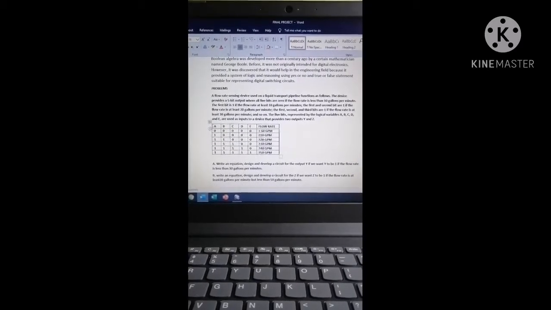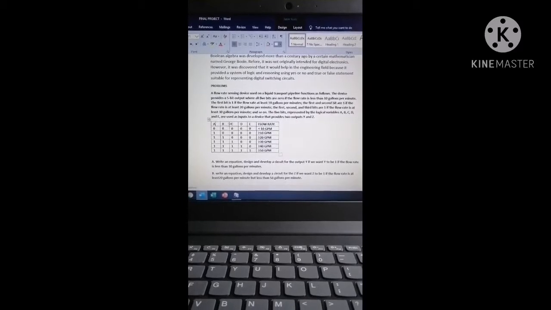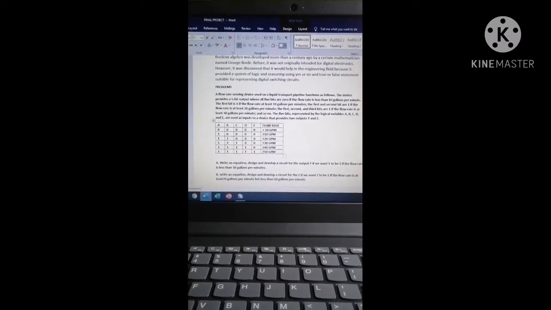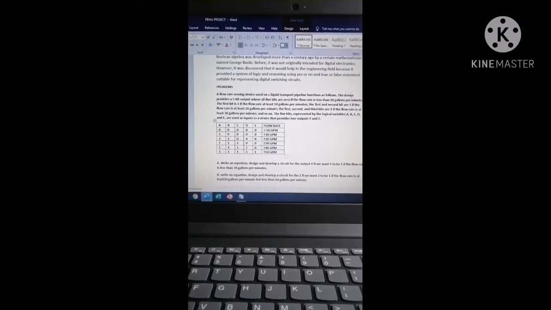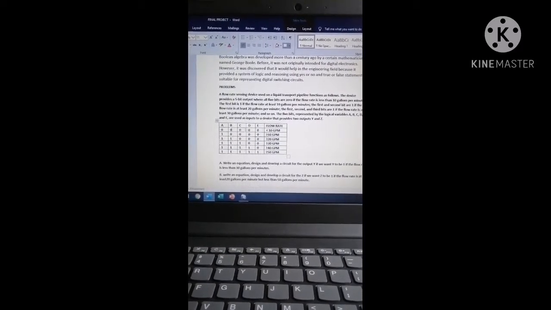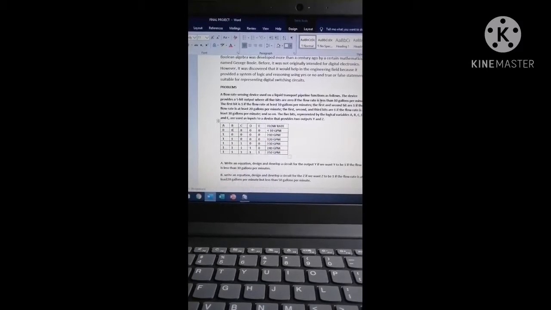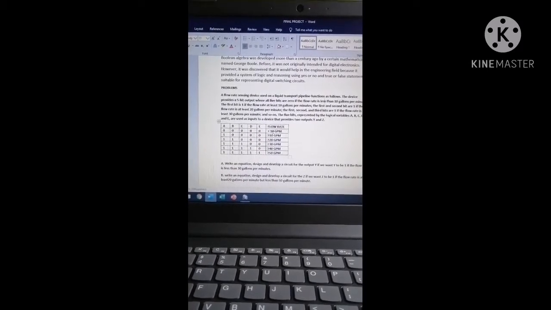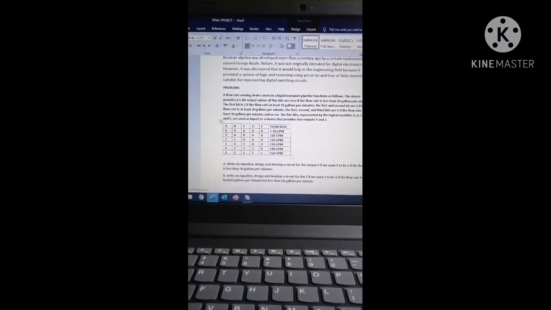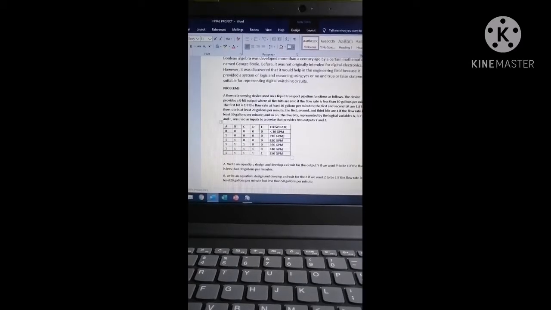So here is the table where A, B, C, D, E are the 5 bits and these are the flow rates. The first is when all 5 bits are 0, the flow rate is less than 10 gallons per minute, or GPM. The second is when the first bit is 1 and the rest is 0, at least 10 gallons per minute.